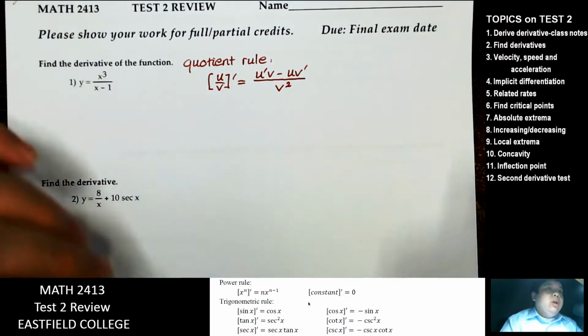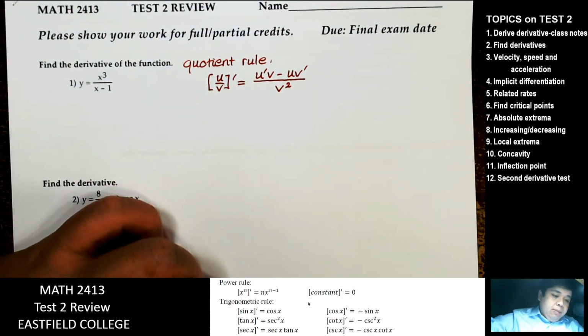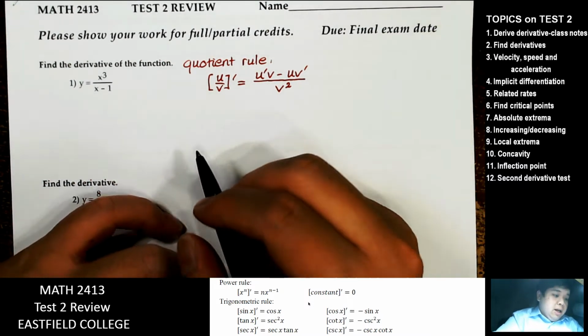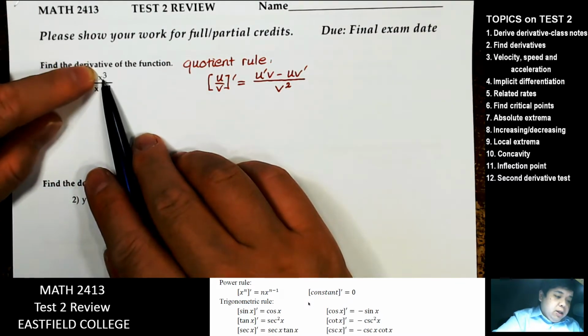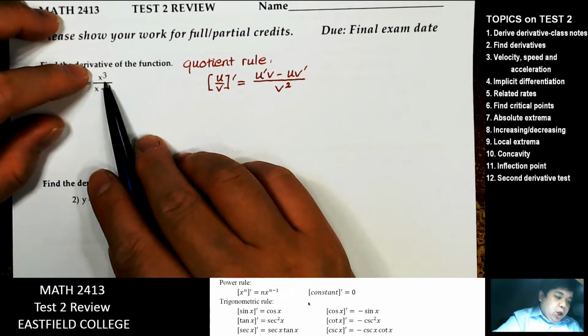So the quotient rule is that the top is u and the bottom is v.